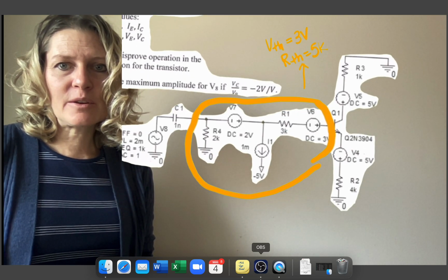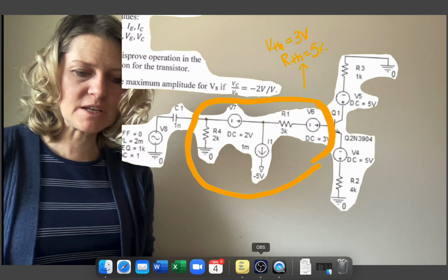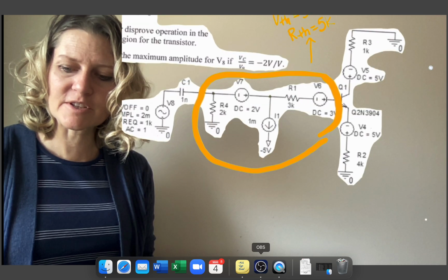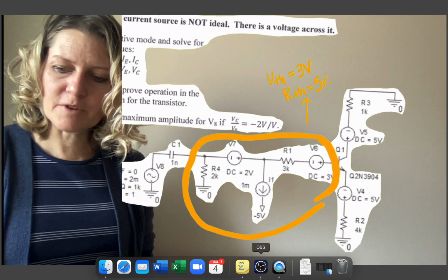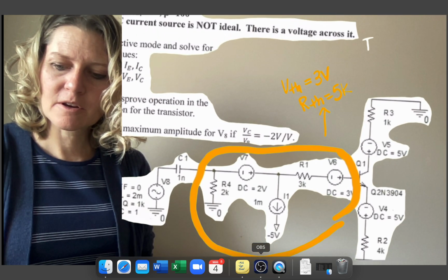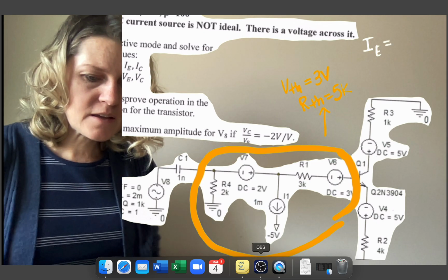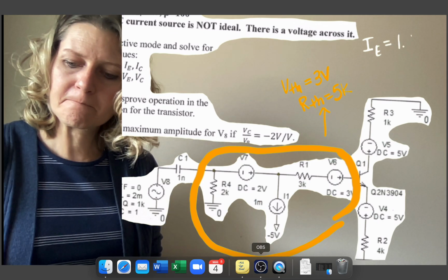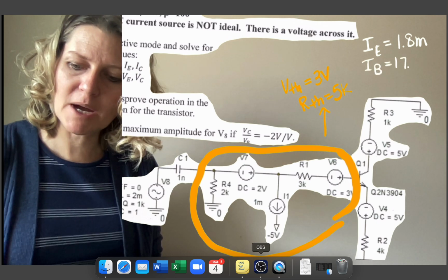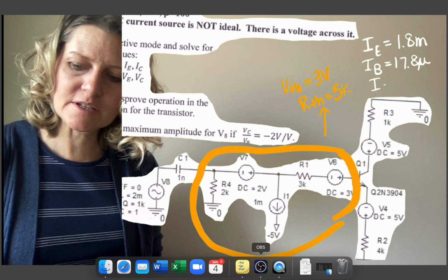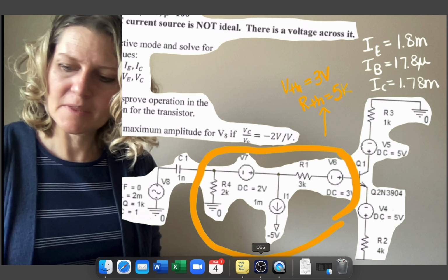From using those values, you're going to be able to solve this to get IC, IB, and IE, and then the voltages VC, VB, and VE. So solving that, you should find that IE is 1.8 milli, IB is 17.8 micro, and IC is 1.78 milli.